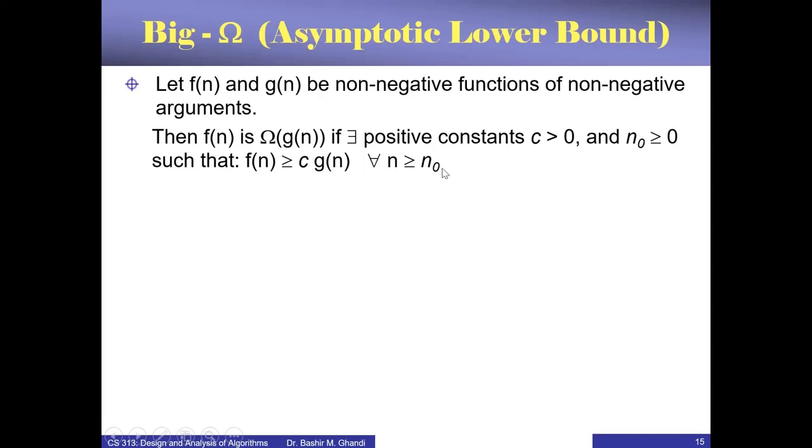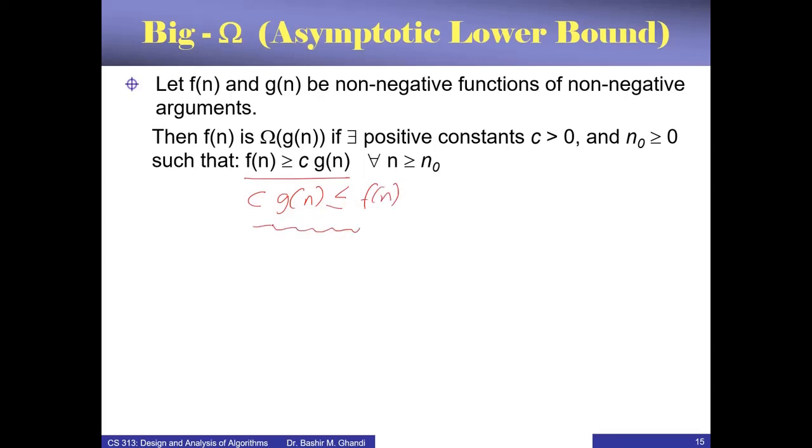So if you can notice, again, this is very similar to the theta and big O. The only thing here is, unlike big O where we were concerned about the upper bound, here we are concerned about the lower bound. You see, this can be represented as Cgn is less than or equal to Fn.